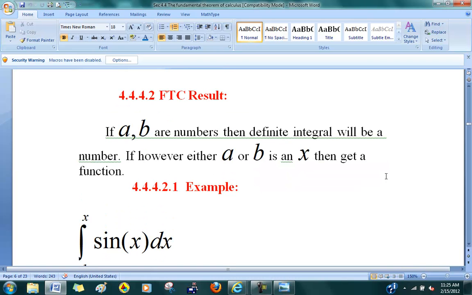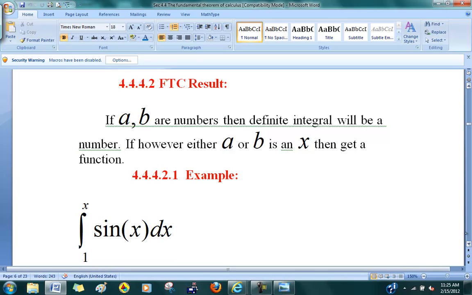So just a statement here that if A and B are numbers, then the definite integral will be a number. If either A or B or both have an x in them, then it's going to turn out to be a function. So take a look at this example here.